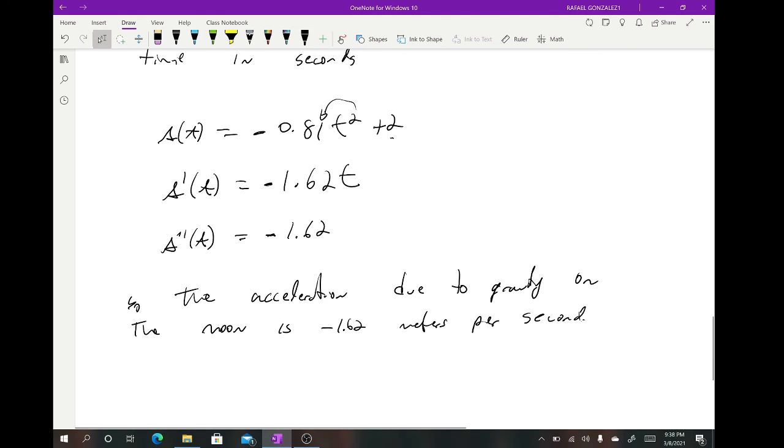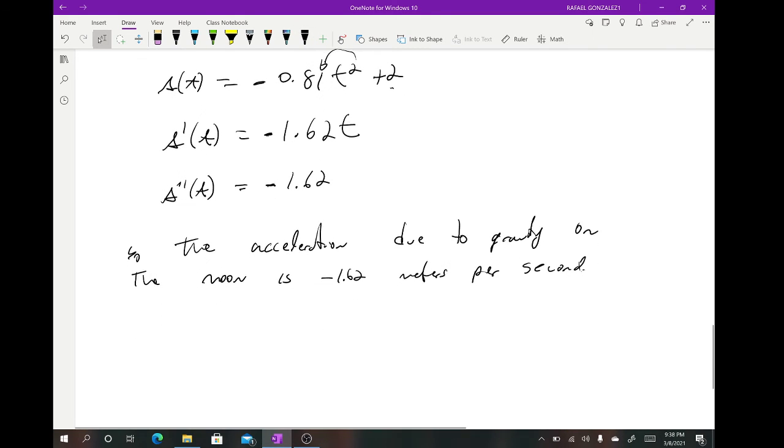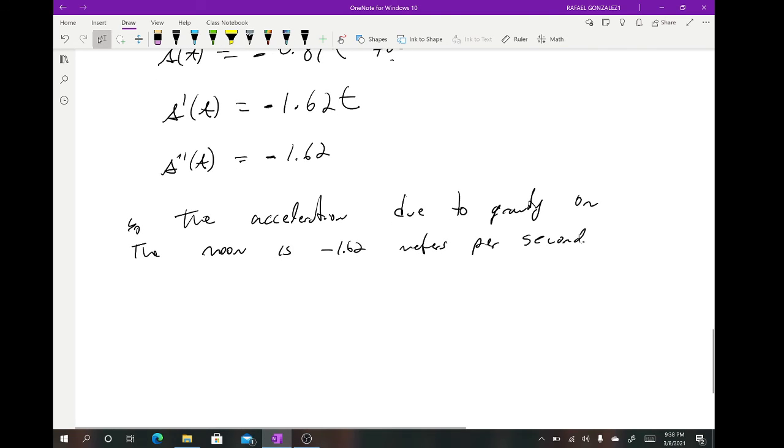Now let me put this into perspective, because to you this number may not mean anything. There's a formula for the gravitational force for the Earth, and to make a long story short, the acceleration on Earth due to gravity is equal to minus 9.8 meters per second squared.